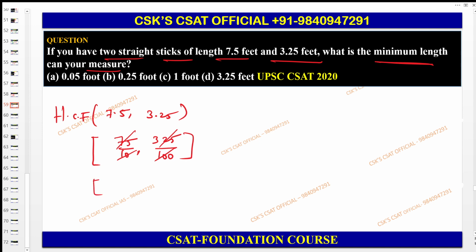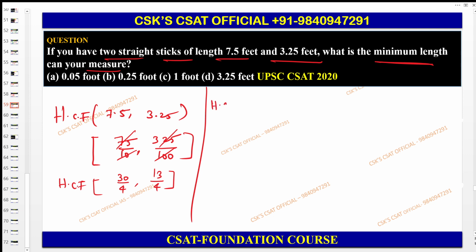Listen, when you are simplifying, be careful. Ensure that the denominator of this fraction is same. Then only easily you can find out here. Now, during the foundation class with respect to the HCF, I taught you how to find a HCF for a fraction.